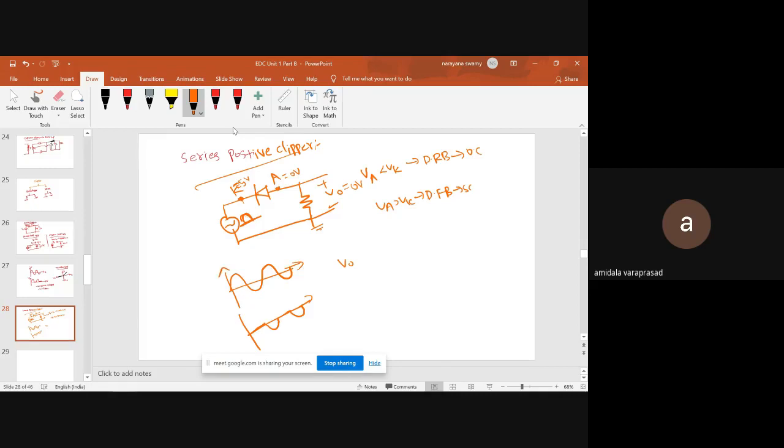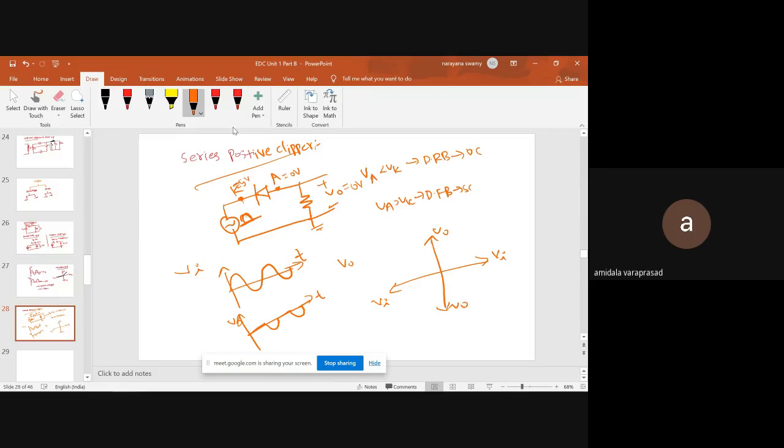Okay, this is VO of t. Now transfer characteristics. This is VI on the x-axis, V naught on the y-axis.